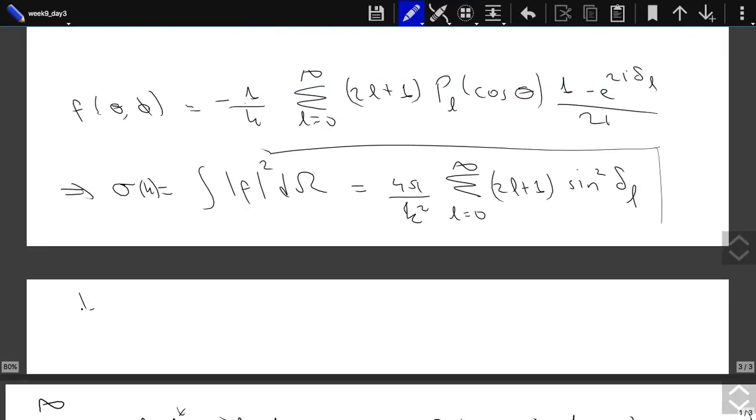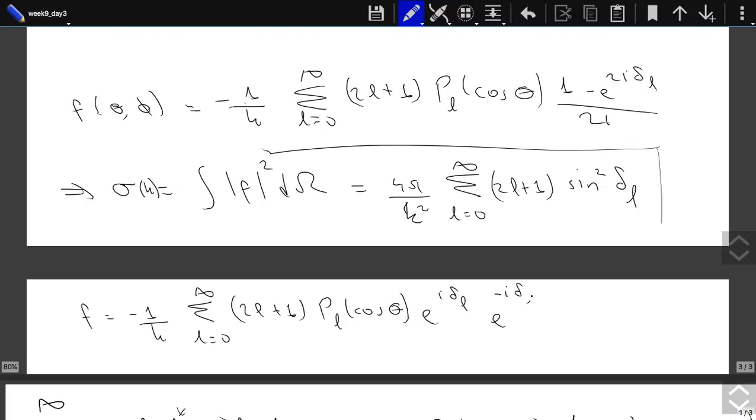Now, what is the imaginary part of f at zero scattering? Well, let's just write f in an alternative form, which will make it easier to see. f is equal to minus 1 over k, sum over L from 0 to infinity, 2L plus 1, P_L of cosine theta, times (e to the power i delta_L, e to the power minus i delta_L, minus e to the power minus i delta_L) over 2i.